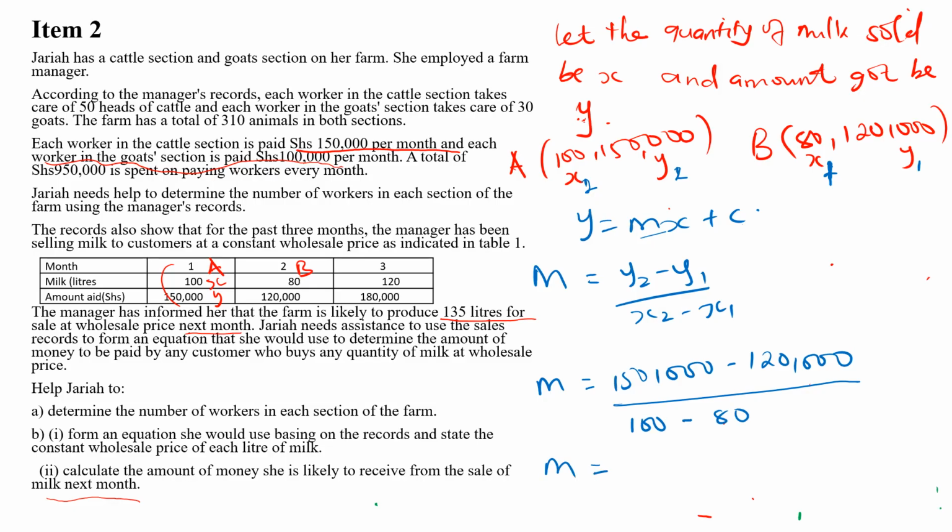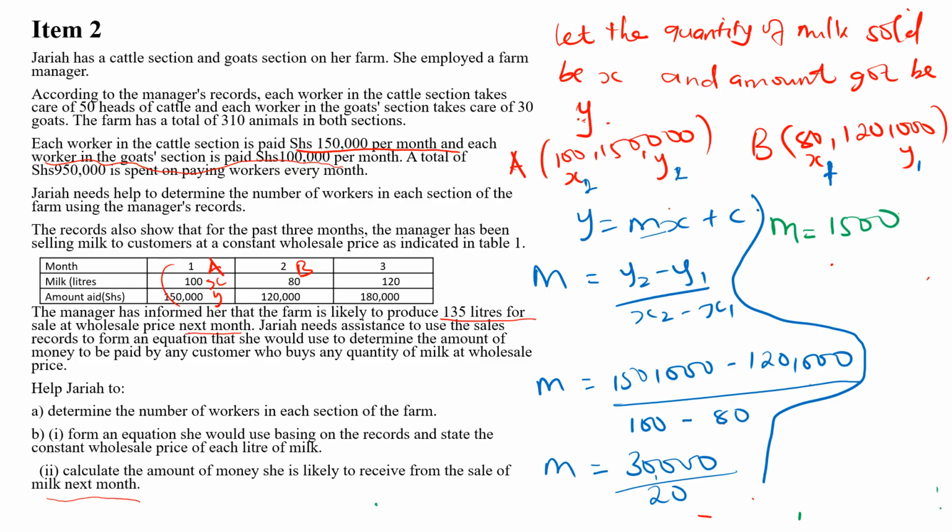So here we have m is equal to 150,000 minus 120,000, you get 30,000. Then 100 minus 80, I get 20. Now when you divide, you get the value of m as 1,500.